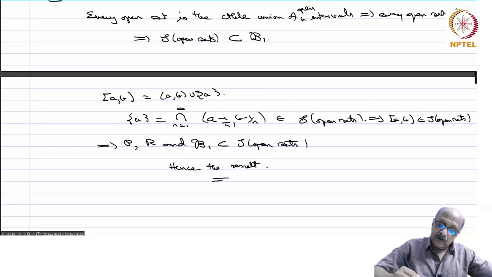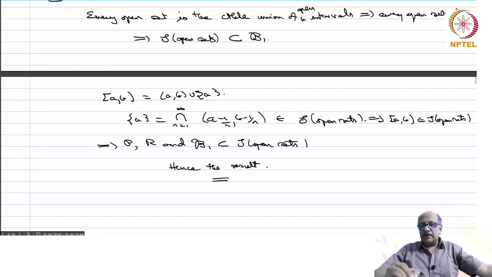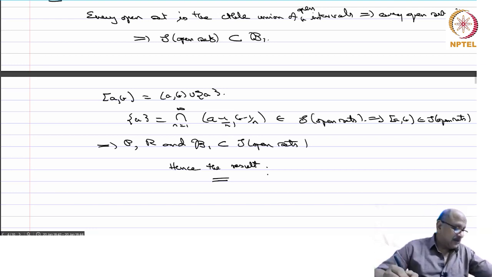So in general, if you have a topological space and you define a measure on it, then the smallest sigma algebra containing the open sets is called the Borel sigma algebra, even in an abstract setting, if you have an abstract topological space.